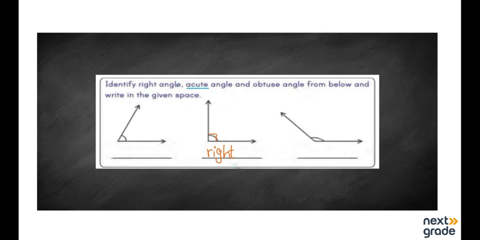Acute angle जो है it's actually smaller than the right angle, so we can see that this one, so I'll write over here that this is an acute angle. All right, so next we have this one that should actually be bigger than the right angle, so this one is an obtuse angle.